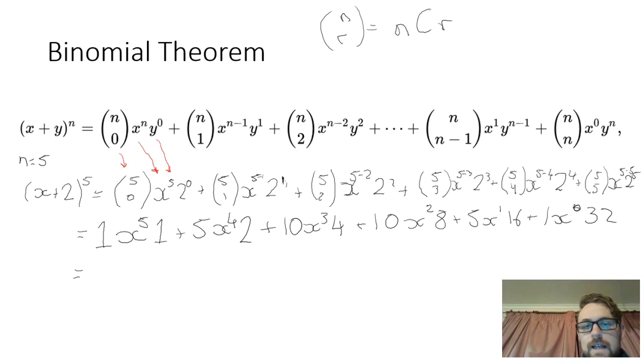So 1 times x to the power of 5, times another 1, is just x to the power of 5. So we can simplify this to x to the power of 5 plus, we can multiply like terms. The 5 and the 2 are both numerals, so we can multiply those together.